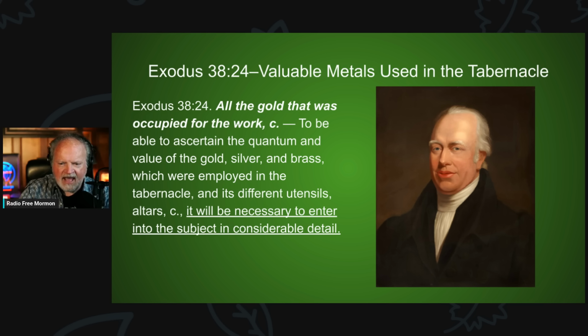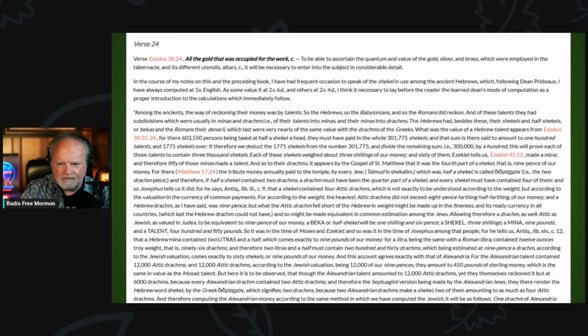And then he writes, to be able to ascertain the quantum and value of the gold, silver, and brass which were employed in the tabernacle and its different utensils, altars, etc., it will be necessary to enter into the subject in considerable detail, which he does in one of the longest comments that I've seen in his commentary. It's almost 2,000 words that he's going to spend now on monetary systems.